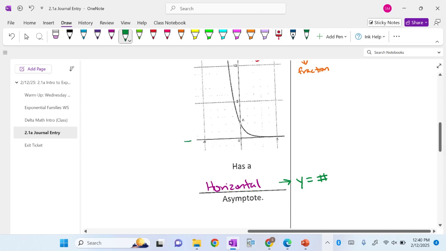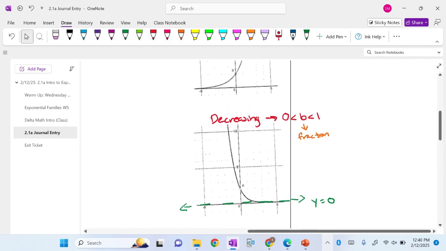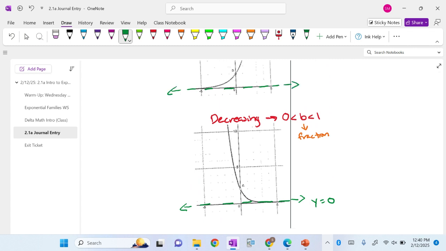So for our decreasing graph, our horizontal asymptote will be right here at y equals 0 because it's just on the x-axis. And for our increasing graph, our asymptote is here, also at y equals 0.